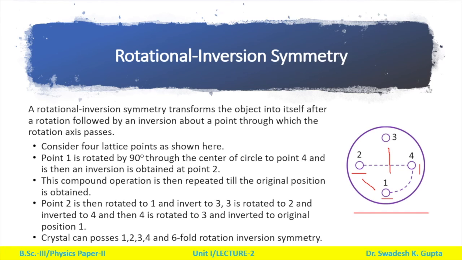Again we rotate from 3 to 2 and then from 2 it will get inverted to 4, and then from 4 if we rotate again to 3, after inversion it will reach 1. So finally after 4 operations the point 1 will come back to its original position. So it means this symmetry is 4-bar symmetry. However, a crystal can possess 1, 2, 3, 4 and 6-fold rotation inversion symmetry.